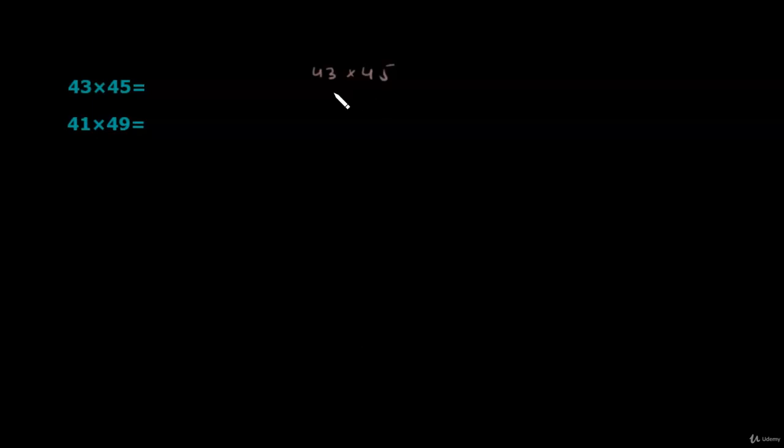Now this time I am going to show you how to multiply these by taking the base 50, and then we will again do this same multiplication by taking the base 40. Now if we are taking base 50, then this is 7 less than 50 and this is 5 less than 50. First part of the number is either by subtracting 5 from 43 or 7 from 45.